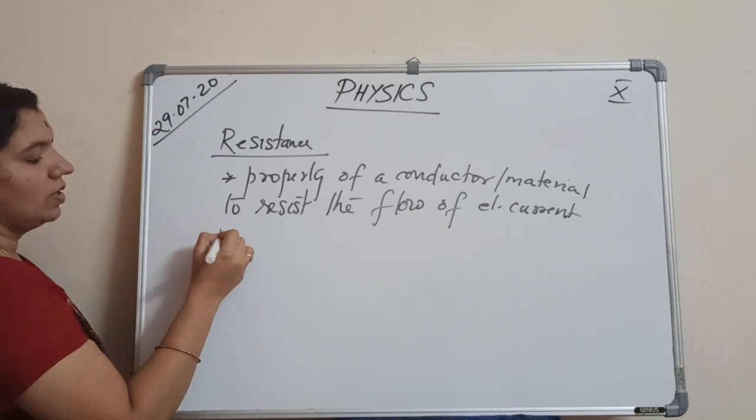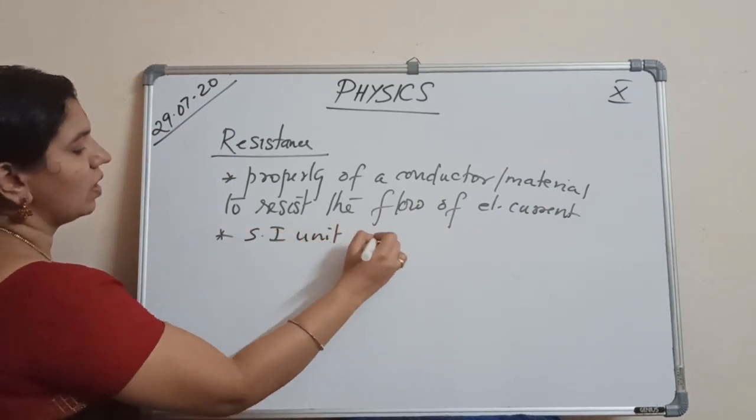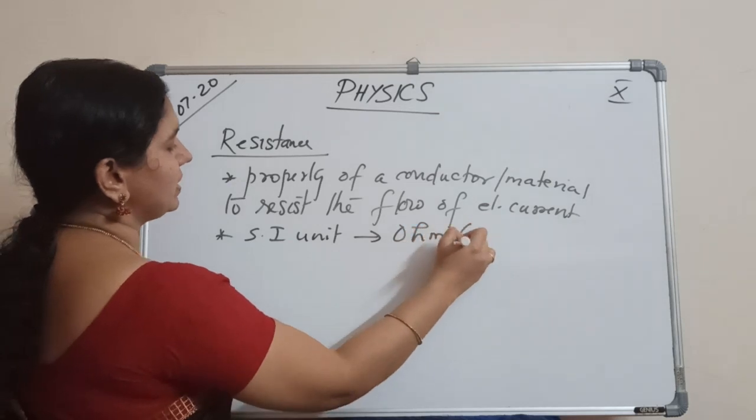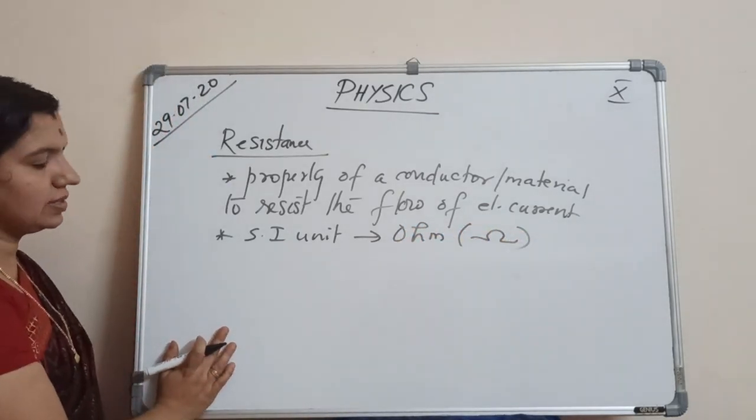Clear? Now the SI unit of resistance is ohm, represented like this.